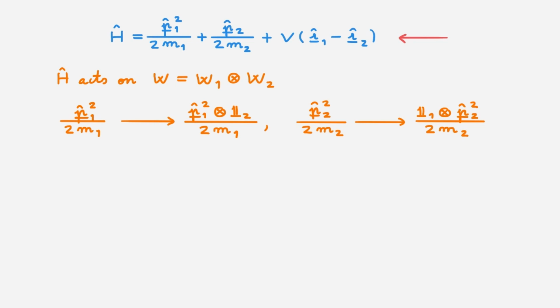While these expressions involving tensor products with identity operators are the technically correct expressions, we typically use the shorthand where we omit the identity operators and the tensor product, and simply use this expression for particle 1 and this expression for particle 2. This is the convention that I'm going to use today moving forward, and only go back to the full expressions when necessary.